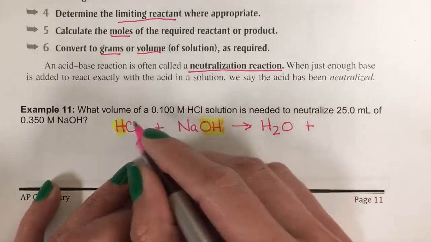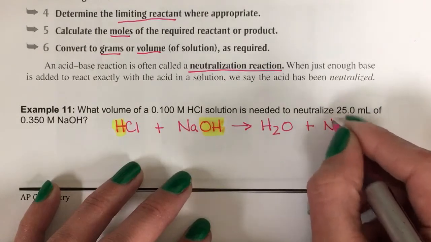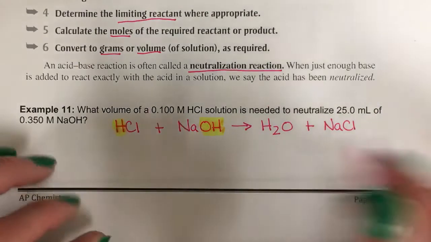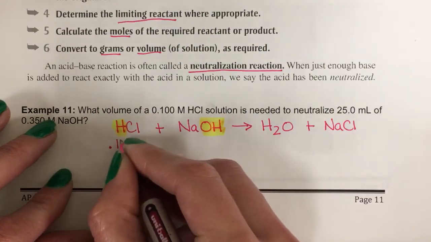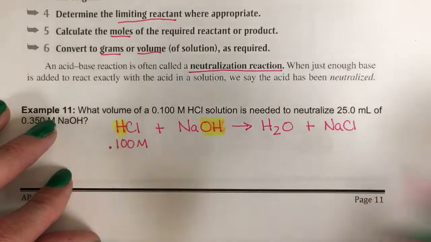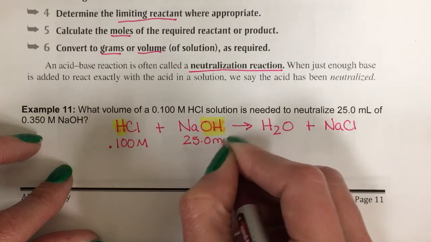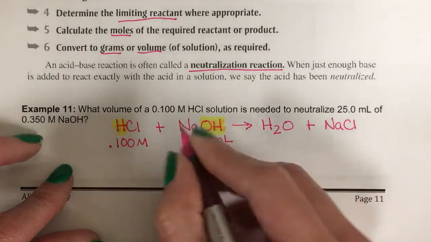Na is a +1, Cl is a -1, so I'm making NaCl. I'm told that I have a 0.100 molar HCl solution. I'm told that I have 25.0 milliliters of NaOH, and it's 0.350 molar.